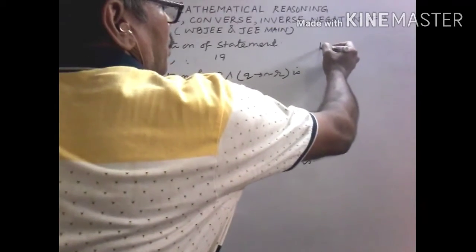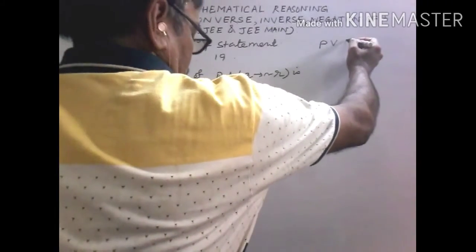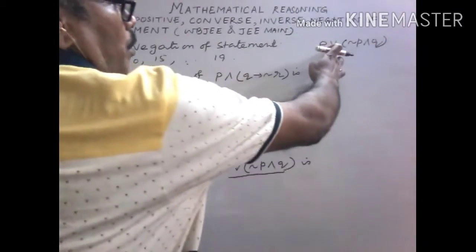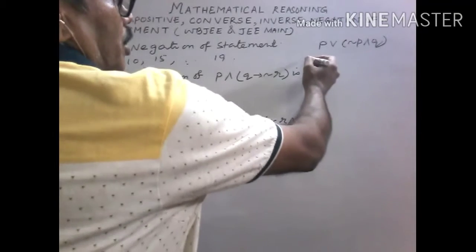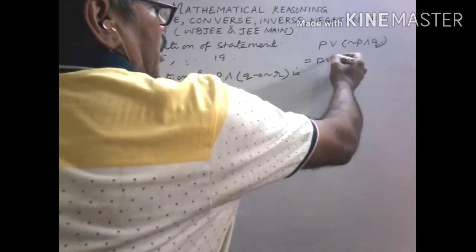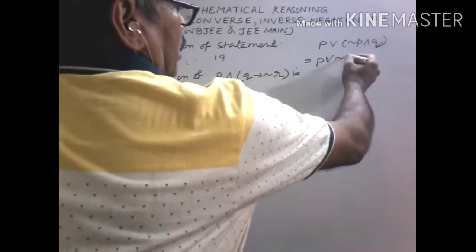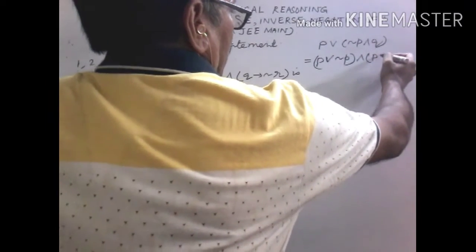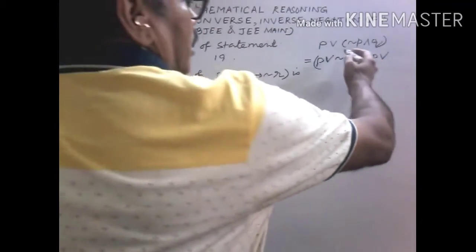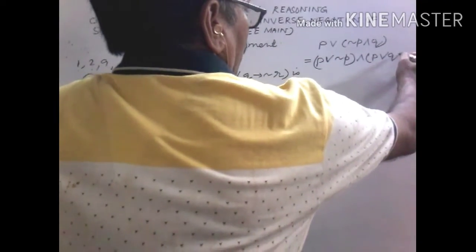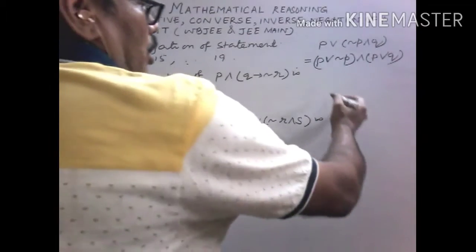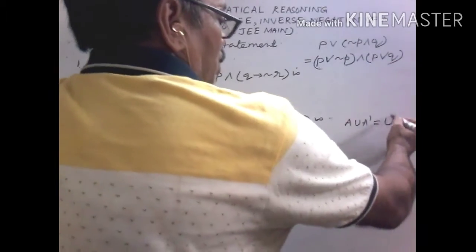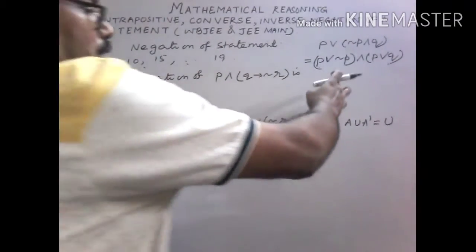So what is the simplification? P union, negation P intersection Q. Now there are two operations, intersection and union. So by the distributive law, P disjunction negation P, intersection, P disjunction Q.